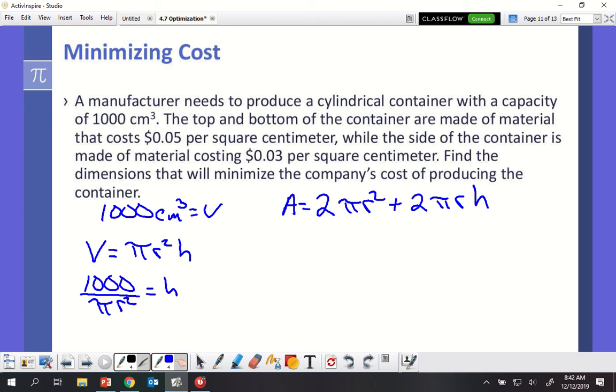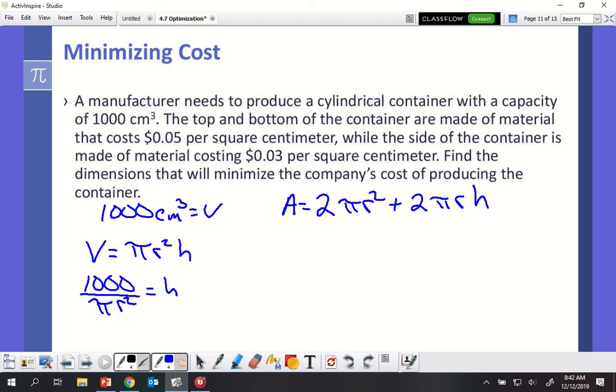Would you do it after? No, I do it now. Because this is just area, we could maximize area all we want, but now we need it in terms of cost. So I have to include that in my equation. The cost has to go with this one.